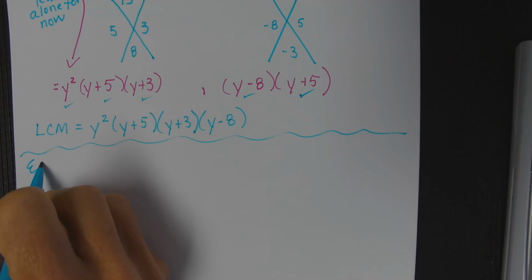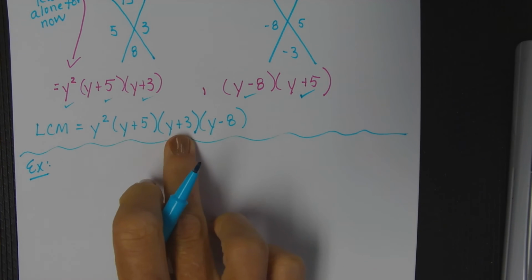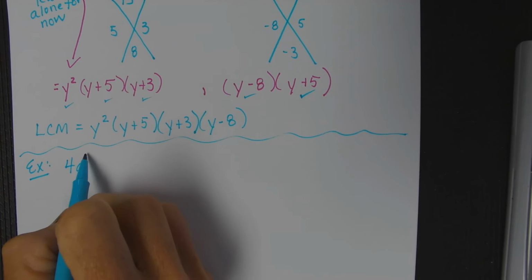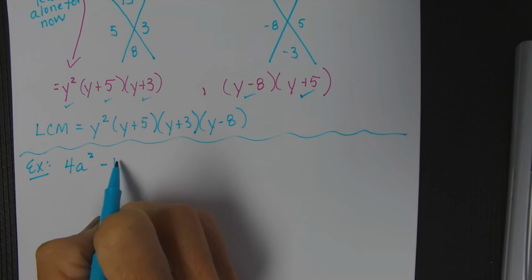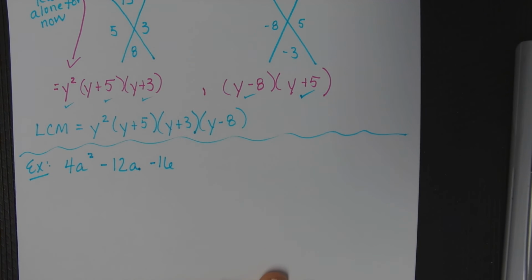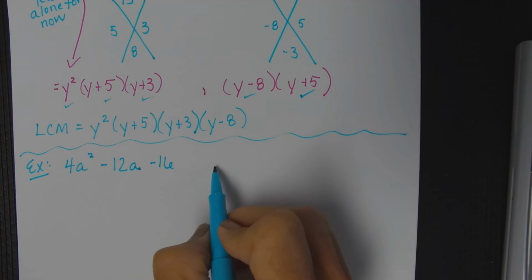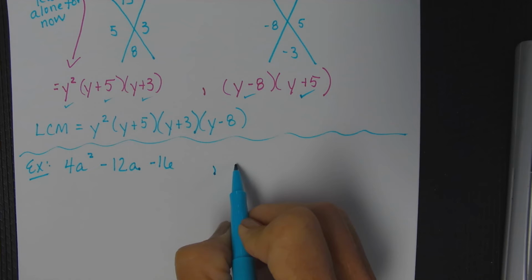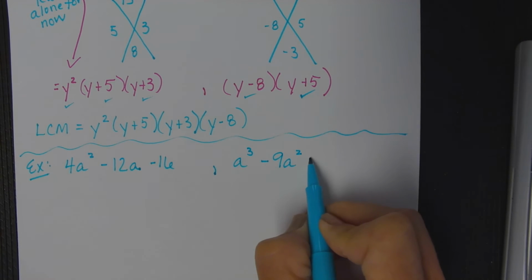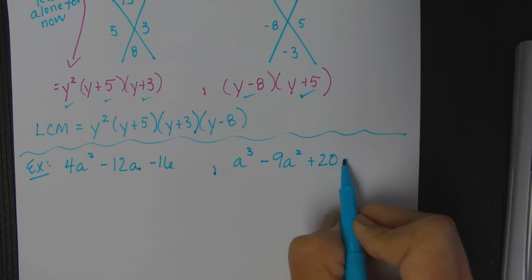So I'm going to write it slowly in case you're writing that answer. We're going to have two trinomials, 4a squared minus 12a minus 16, comma, a to the third minus 9a squared plus 20a.